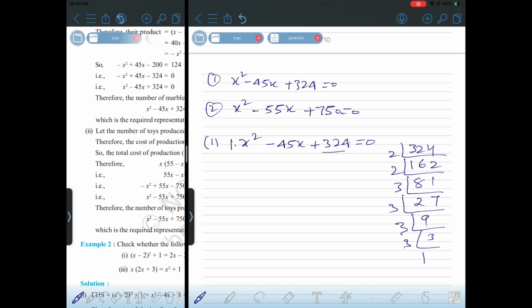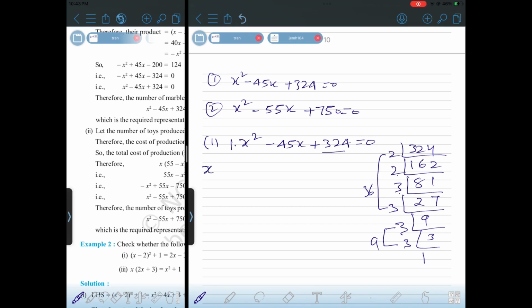So we can arrange them as 9 and 36, right? Because when we multiply these two numbers, that gives 324, and both sum to 45.